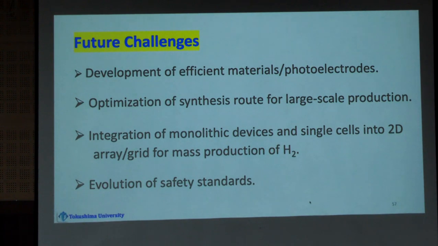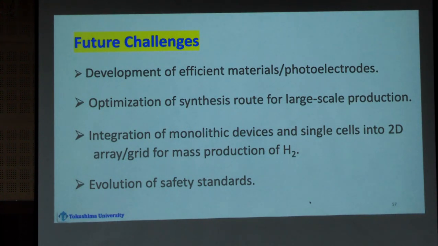When we succeed in getting hydrogen production, the challenge will be mass production. Remember, large production is different and mass production is different. Mass means huge production. Large means large area. Small means 1 centimeter by 1 centimeter. Large means 6 inch, 1 foot, 2 feet, 1 meter. And mass means bigger than 1 meter.